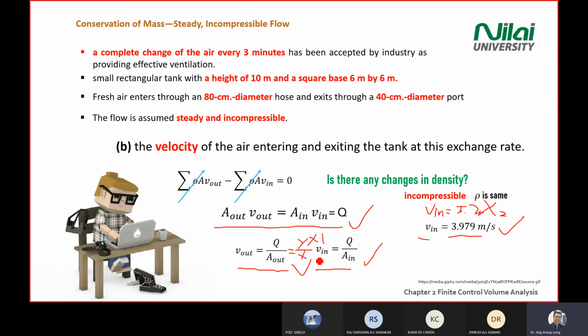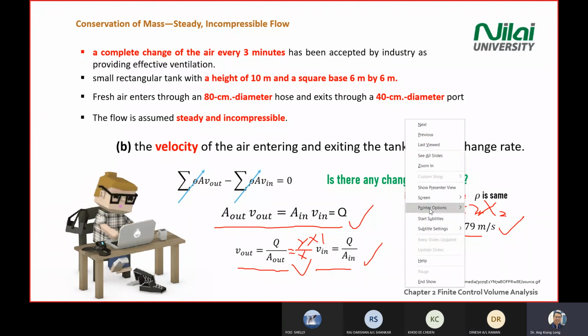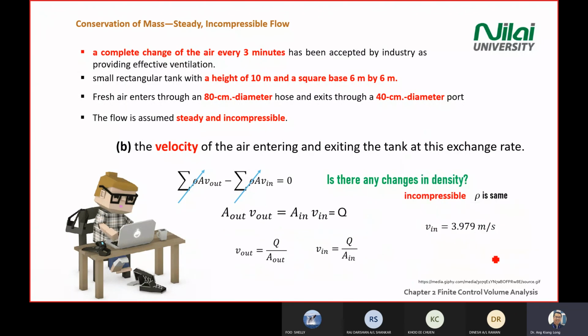There's no substitution or calculation marks for you. It means you only score for the general equation. So this is how I mark the paper. Clear? Yes, sir. Any more question before we move to the next one? This is quite direct. No, sir. No questions.